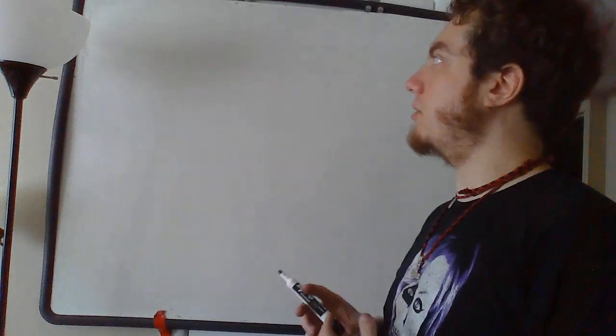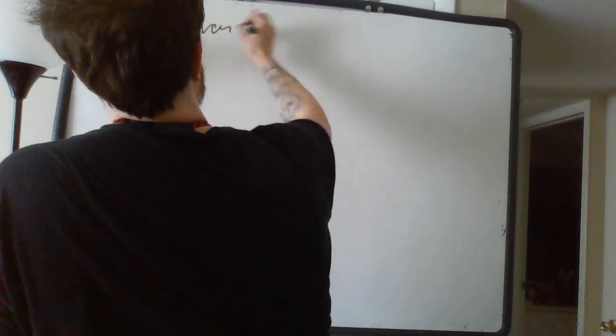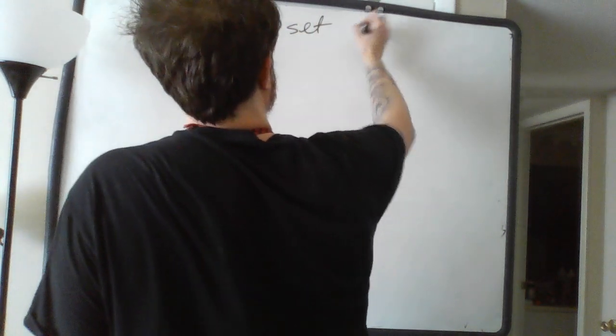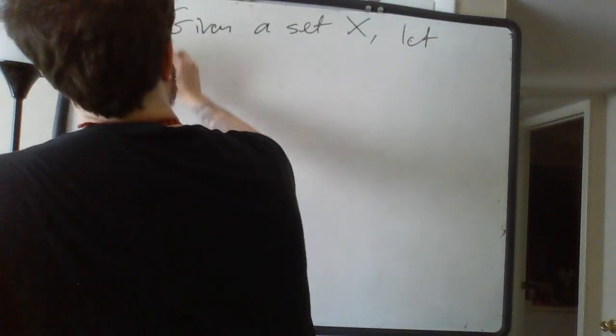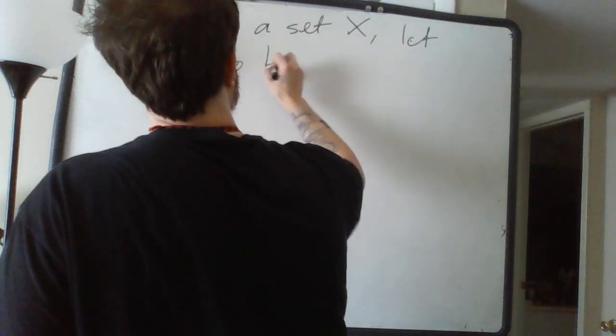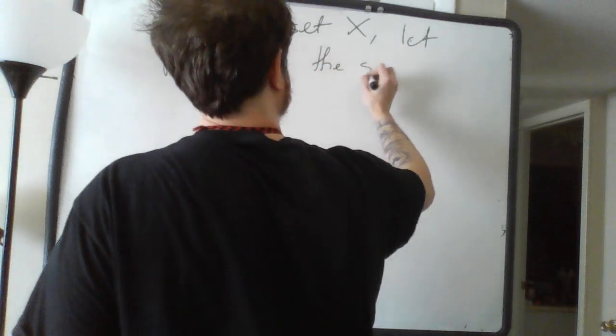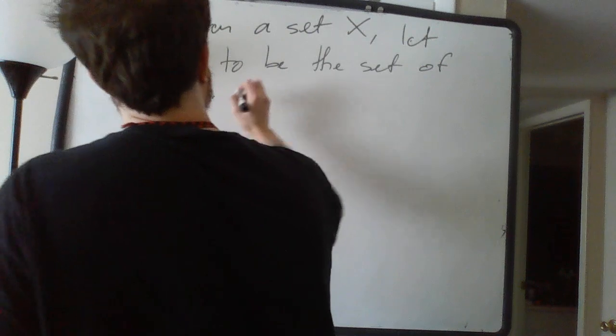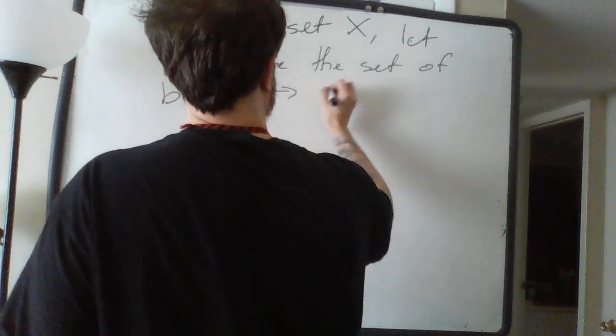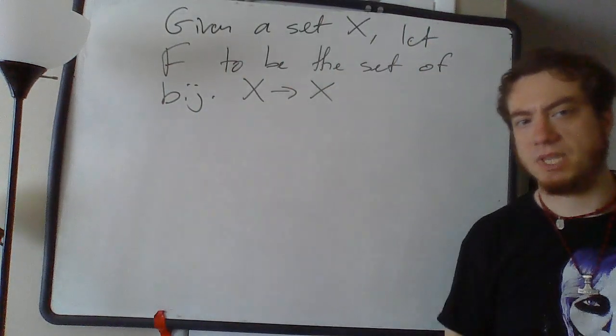So for example, if I just have a set X, let's define F to be the set of bijections from X to itself.